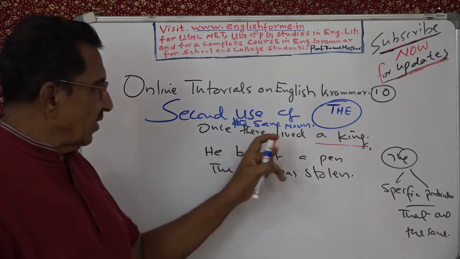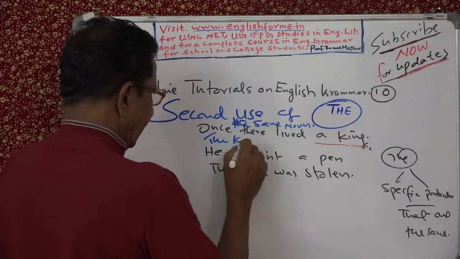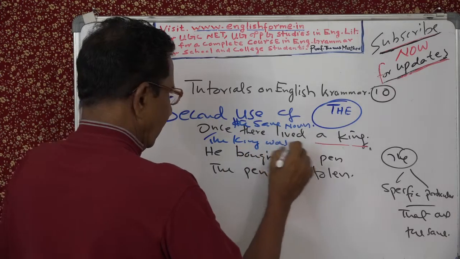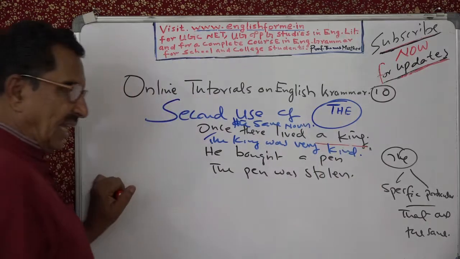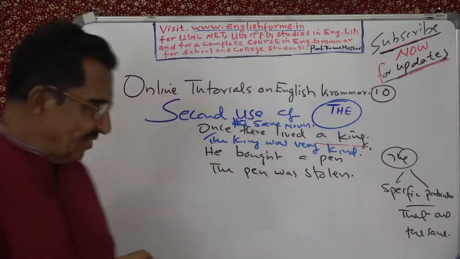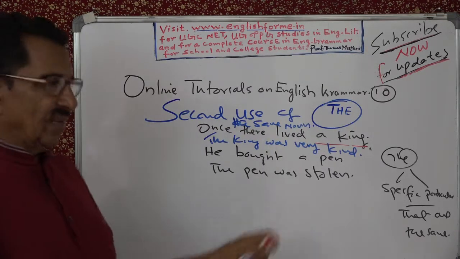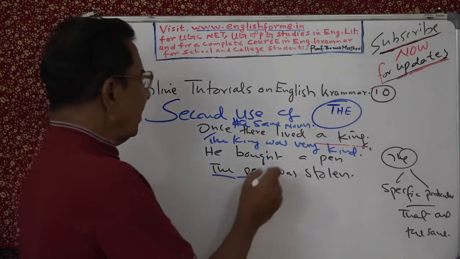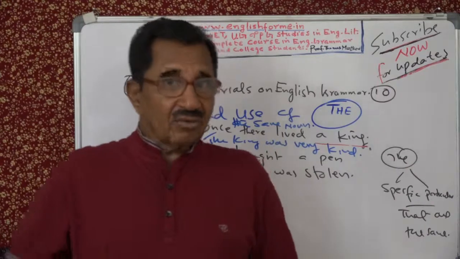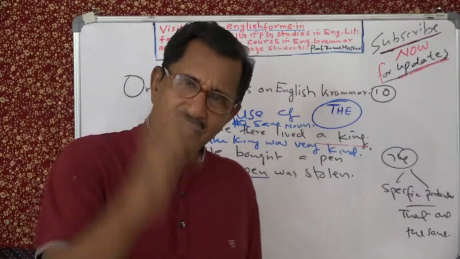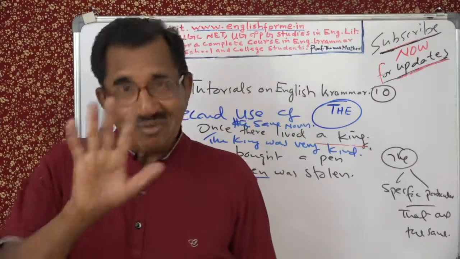Once there lived a king, the king was very kind. Bimbisara, the story of Bimbisara, was very kind. So he bought a pen, the pen. You can see, second use. Same noun, when you use it the second time, you must use the. There is no can and good. You must. Clear? Fine.